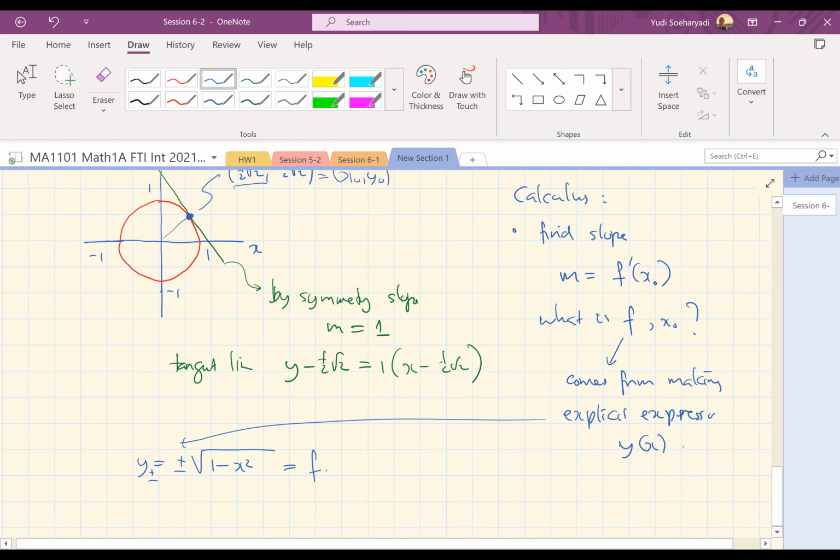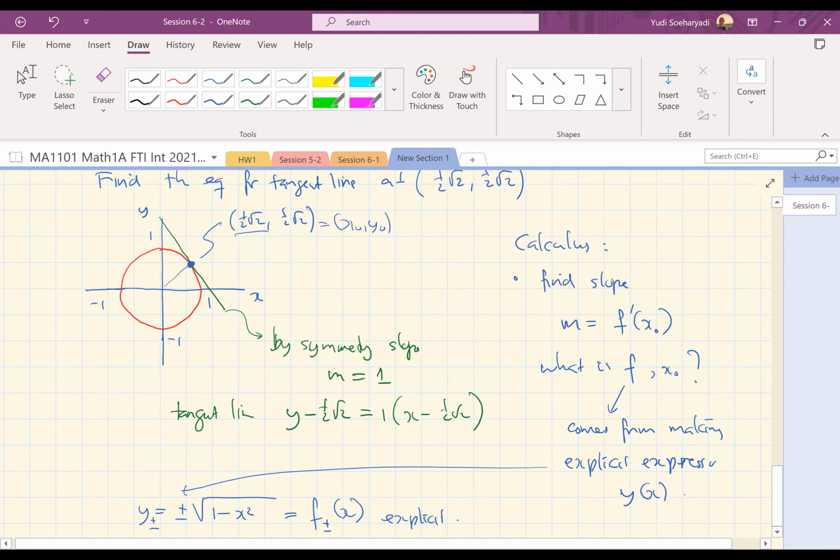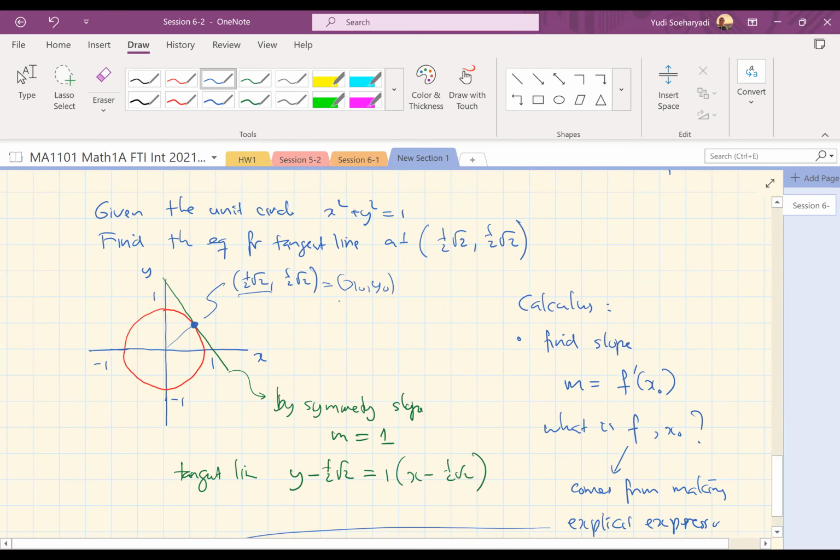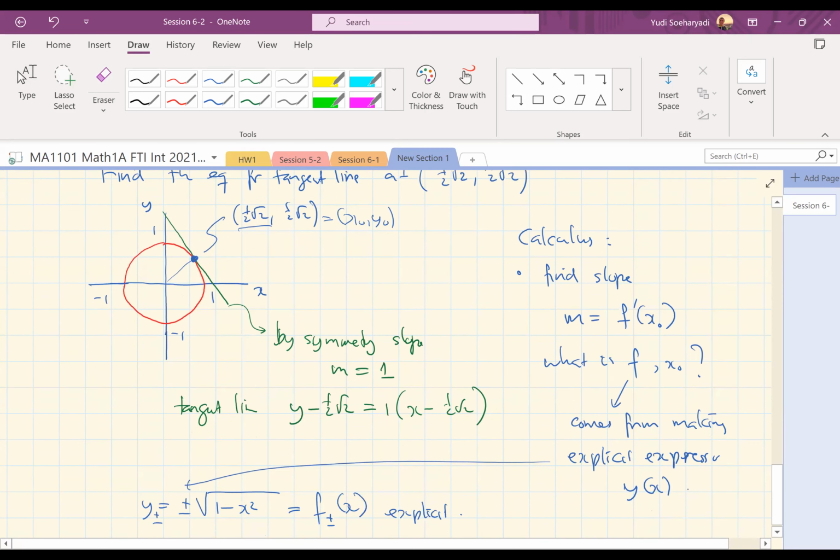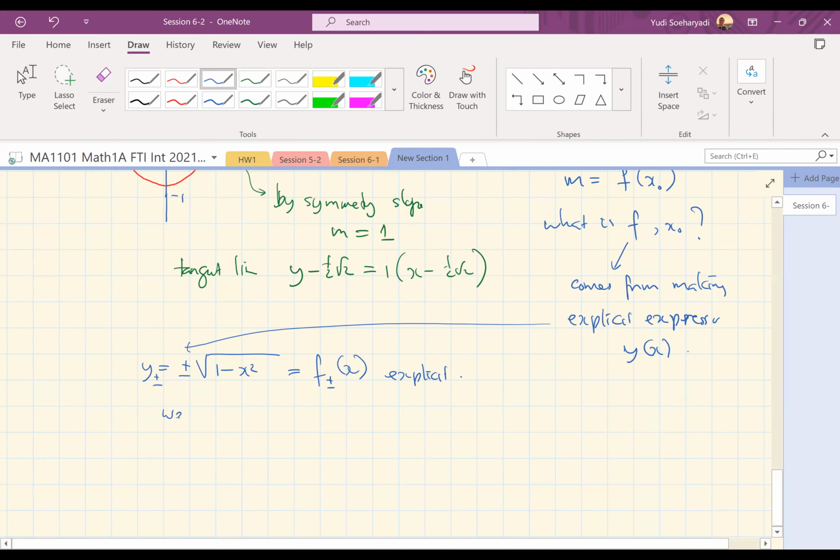So basically you have two functions. Okay, so this is explicit. Because the point we need is above the x-axis, what we need is the f plus. x naught, y naught is above the x-axis.